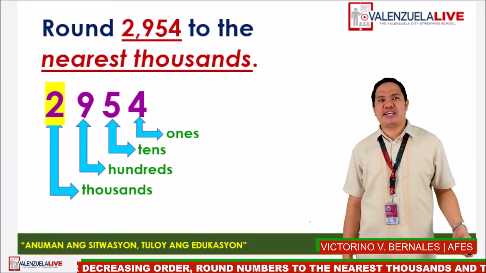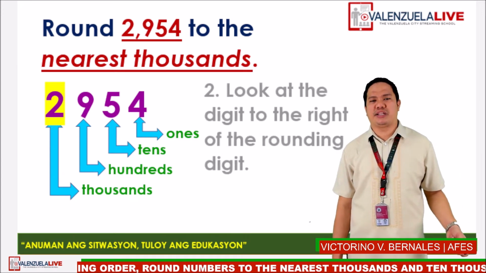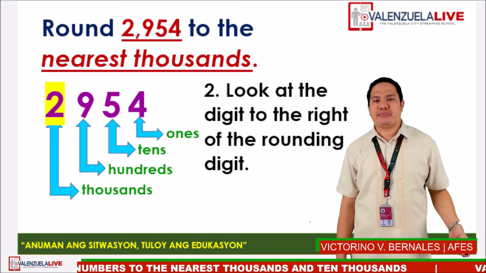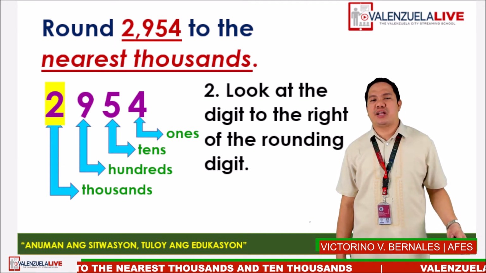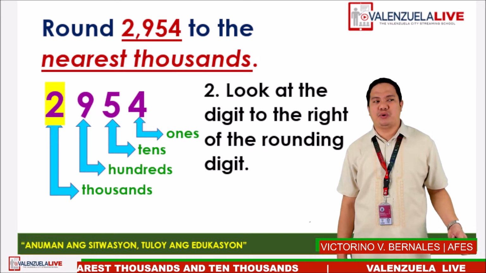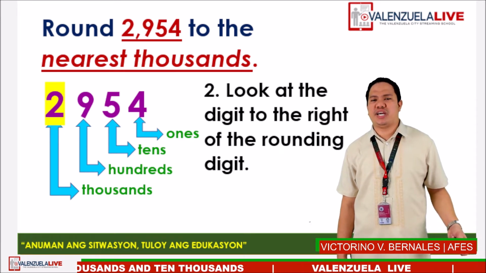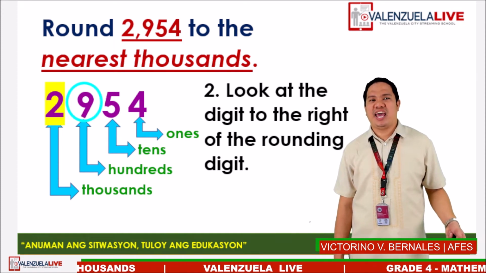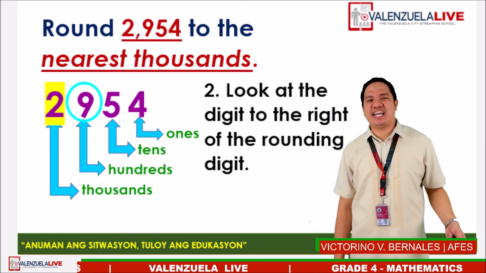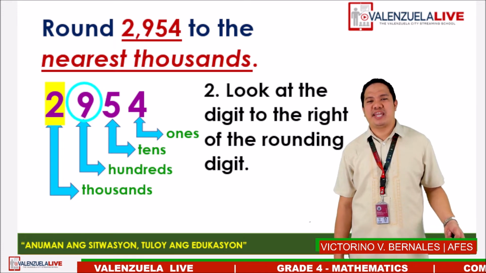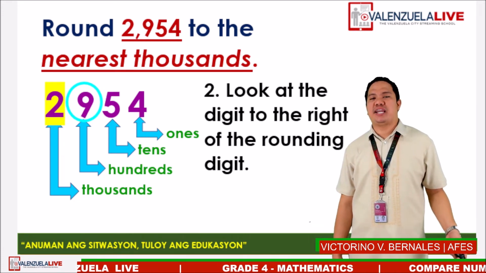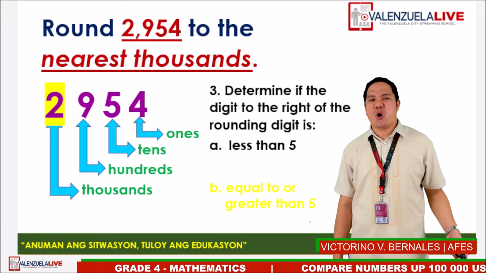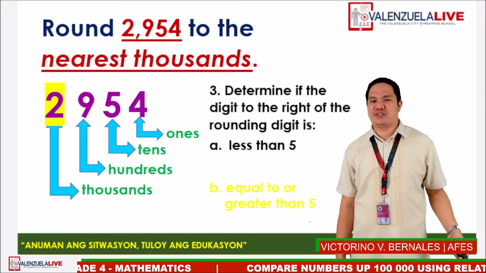Then after identifying the rounding digit, we have to look at the digit to the right of the rounding digit 2. What digit is at the right of 2? Exactly. 9 is at the right of 2. Then we have to determine if 9 is less than 5 or equal to or greater than 5.